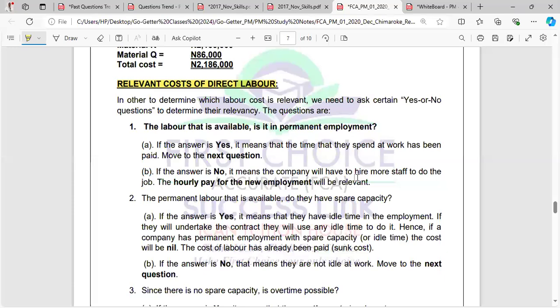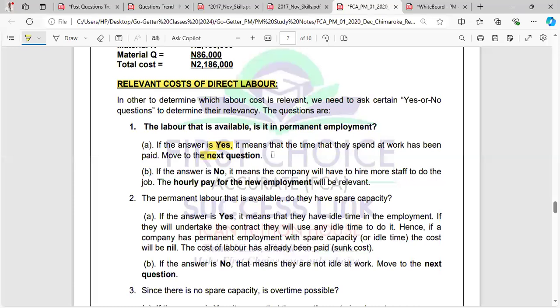So the question is, the laborers available for you, are they in permanent employment? If the answer is yes, that means the time that they spend at work has already been paid for, because you are paying them salary. So it is their job to make this bread. So you move to the next question.